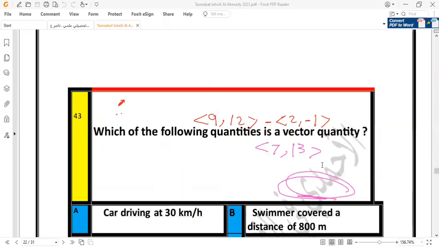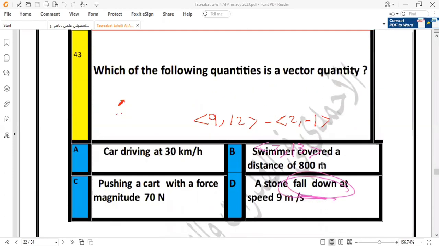Number 43. Which of the following quantities is a vector quantity? A vector has magnitude and direction. A car driving 30 kilometers is just magnitude. A swimmer covering a distance of 800 meters is also magnitude.